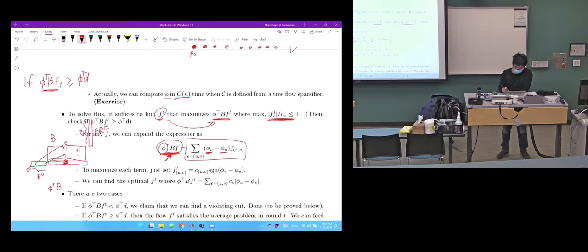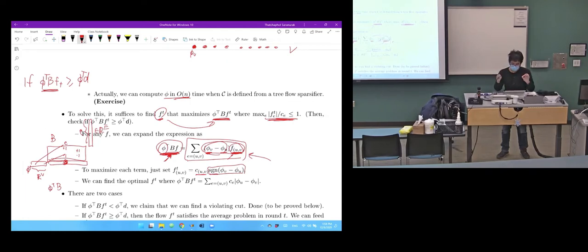Okay. And how do you maximize this thing? You are free to choose f for every edge, as long as f respects the capacity. So now it's clear. I will just set the sign of each term here to match the sign of this thing. If this thing is negative, then I make it negative, so that each of the terms here is positive. And once I set the sign, how much I should set it to is just the capacity of that edge.